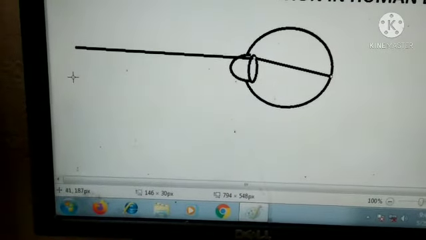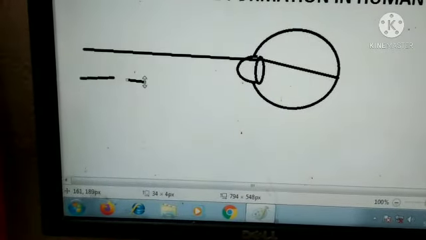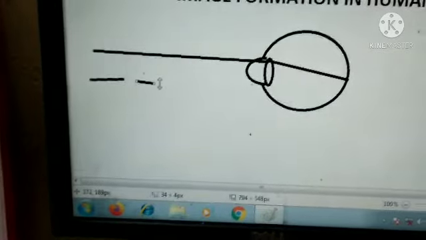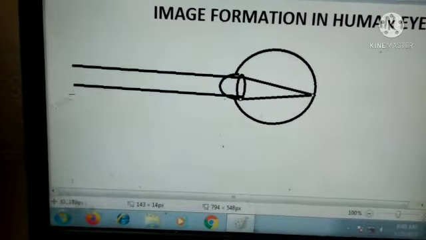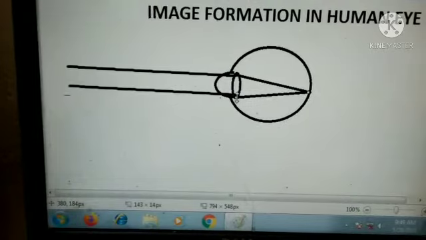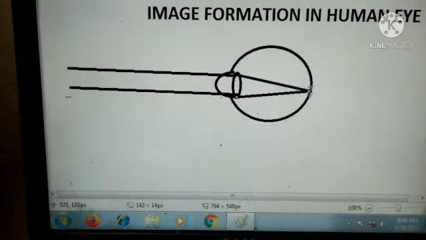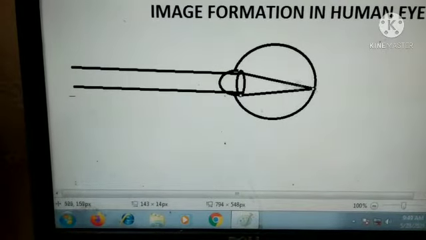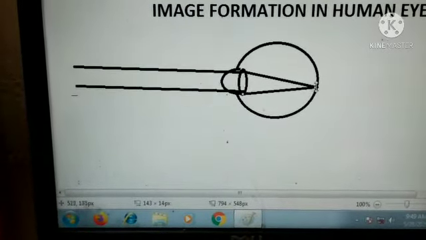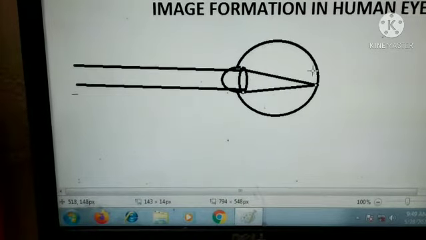Next rays come from here, and after passing through the lens, they meet the first ray on the retina. Then the image forms here.